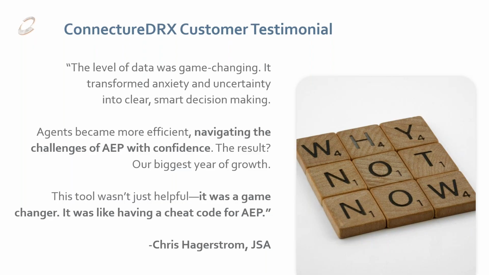Having Active Analytics in their corner gave them the clear roadmap of where these high levels of impact were going to be, allowed them to focus on those early and free up so much additional time for new business, for retention activities, for further relationships.